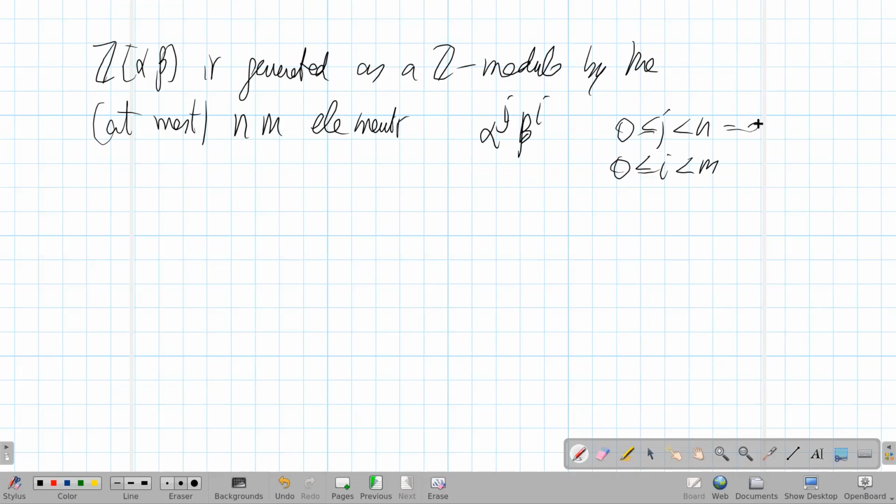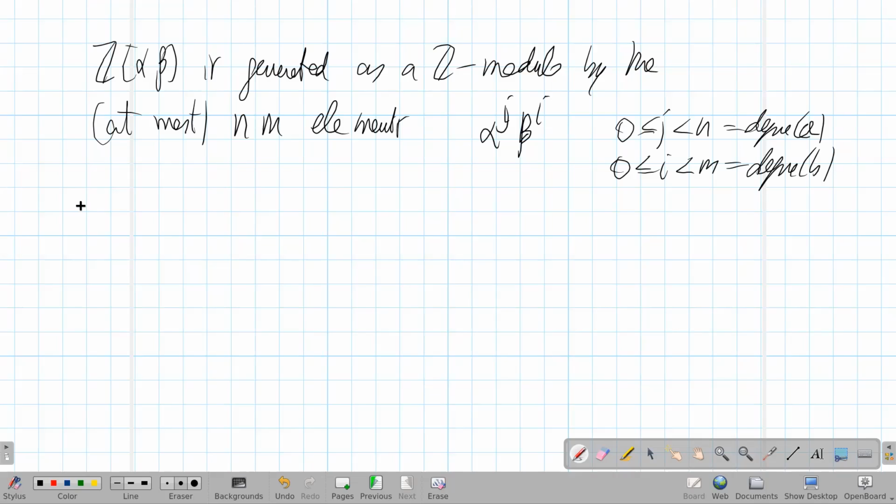And remember, n is the degree of A, the monic polynomial of which alpha is the root, and m is the degree of beta, of B. So this is a finitely generated module.